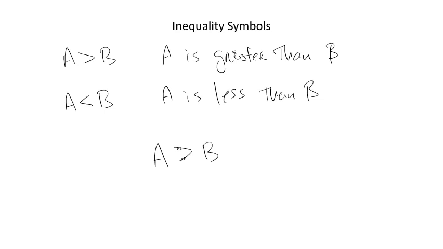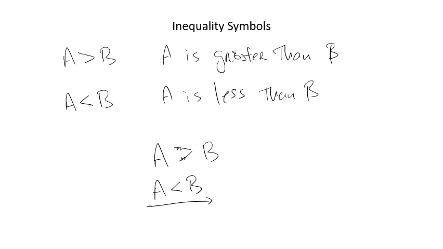It can be a little confusing for some students because if you look at it this way, we're eating the larger B, but we still have to read this from left to right. So we're saying that A, and then this is eating the larger B. You have to put this in an inequality context.